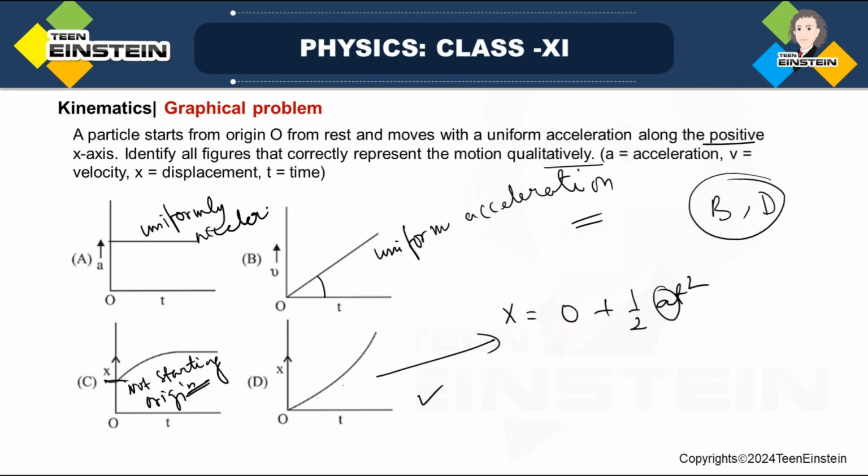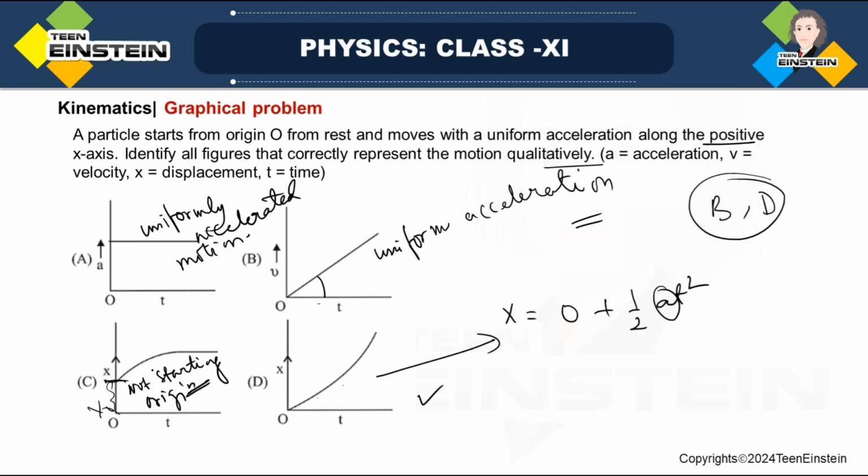So I see A, B and D, these three are representing the same fact which is given, but this one is not representing because it is having some displacement initially.